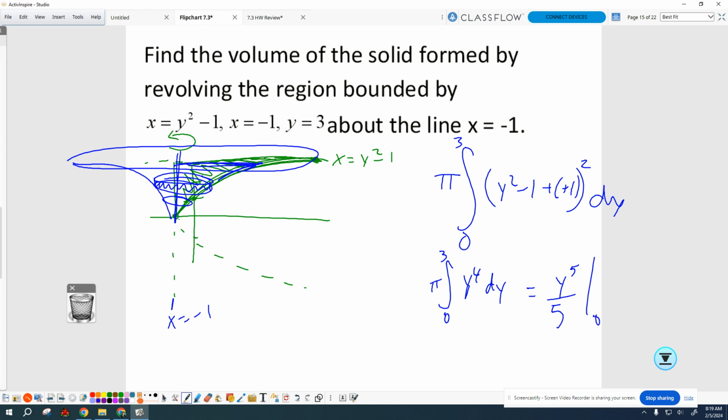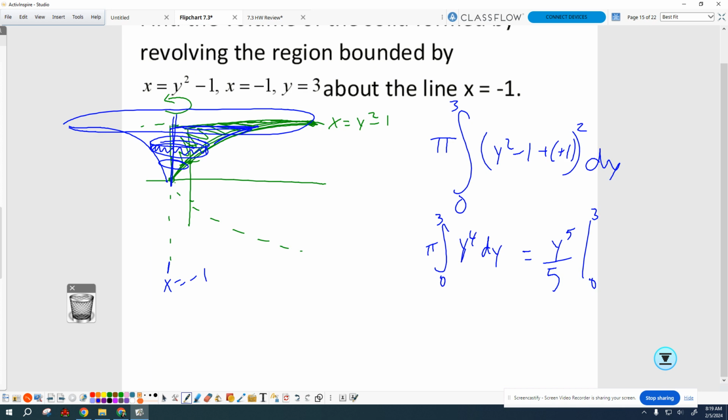And here's the most common problem. I just did it. What's missing? What's wrong? Drop pi. 243/5 times pi, 81 times 3.